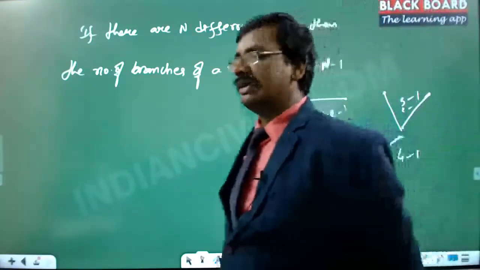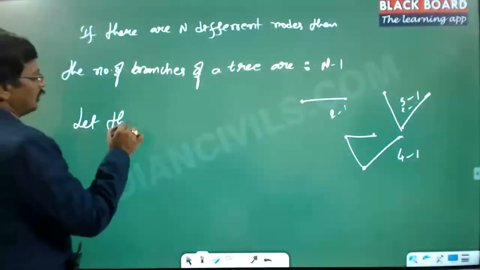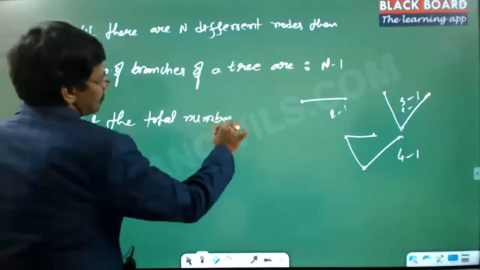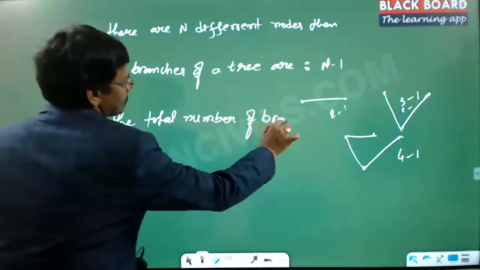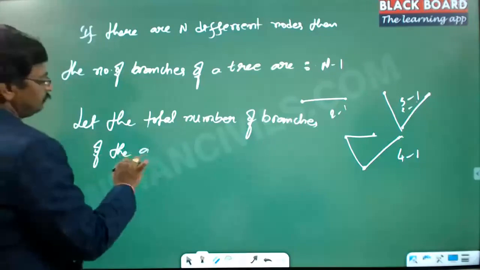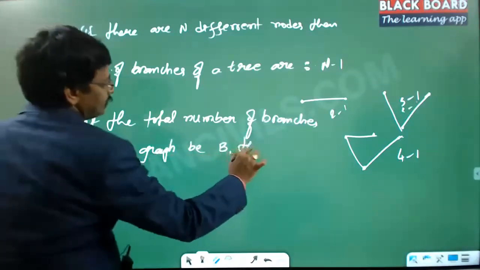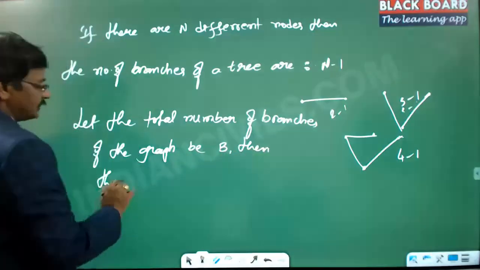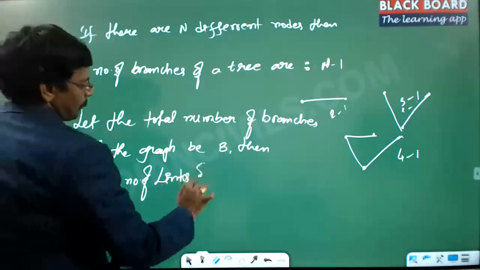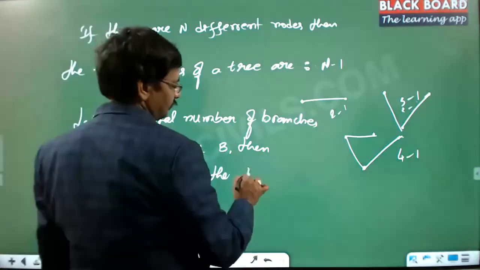Now how many links will be there? Let the total number of branches of the graph be capital B. Then the number of links of the graph, or of the tree, we can say.